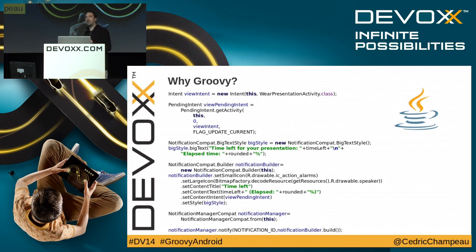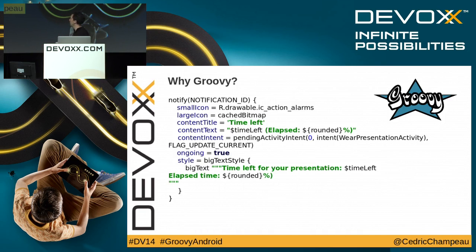What you can see already is that here you have to define a lot of local variables. In the Groovy code, you don't have any local variable. And this is a big difference because you have code locality. Everything that is bound to your notification is inside the notify block. And it kind of changes the way you think about APIs.